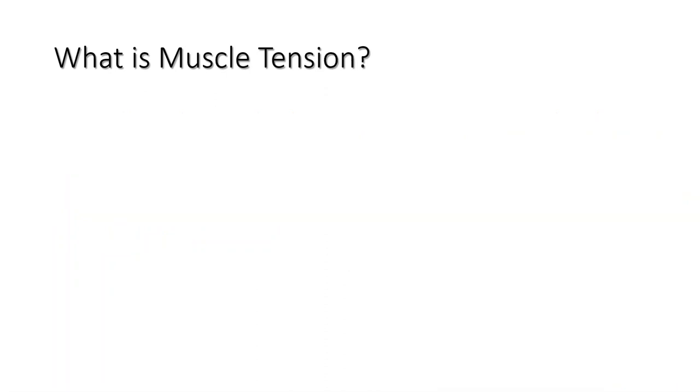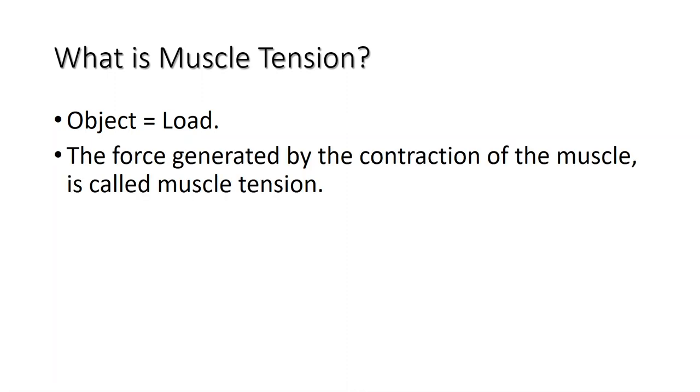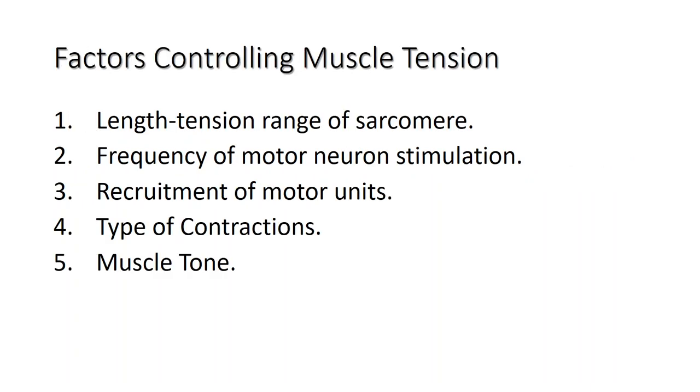To move an object referred to as load, the sarcomeres in the muscle fibers of the skeletal muscle must shorten. The force generated by the contraction of the muscle is called muscle tension. The factors which influence the amount of tension produced by the muscles are listed on this slide.